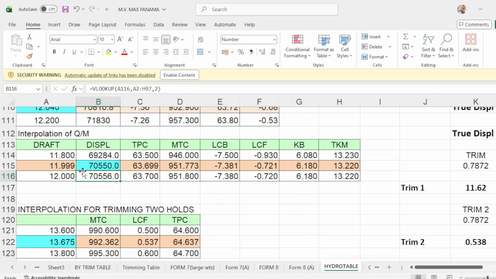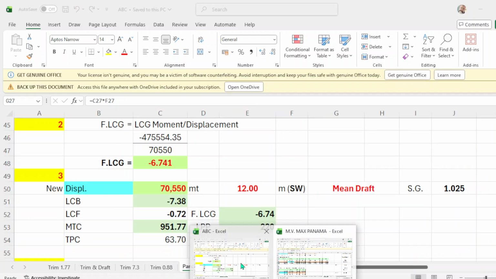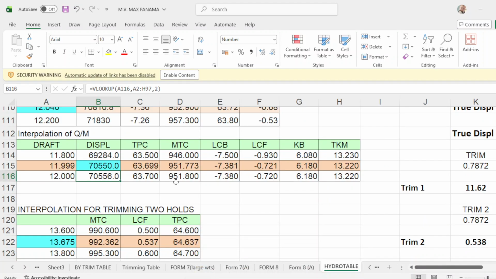12 meters. TPC is 6370, okay? MTC is 95177.